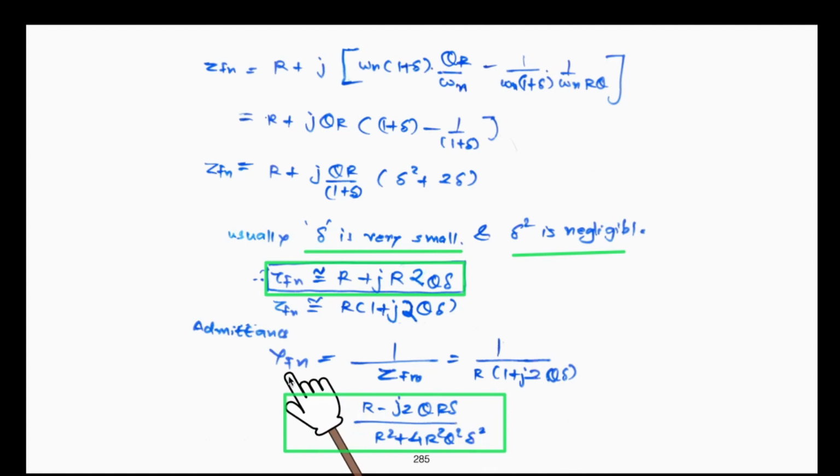So admittance is calculated from the filter impedance, simplified by 1 upon ZFN. And this being a complex quantity, we simplify this by multiplying numerator and denominator by 1 minus j twice Q delta. Okay, and try to simplify this.